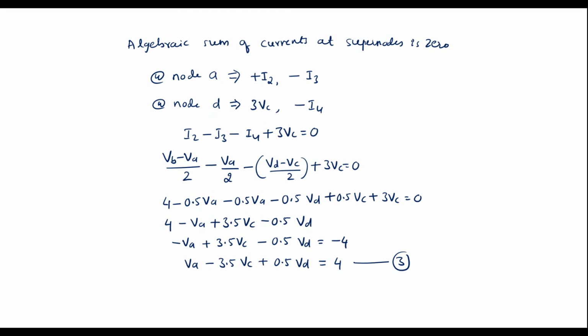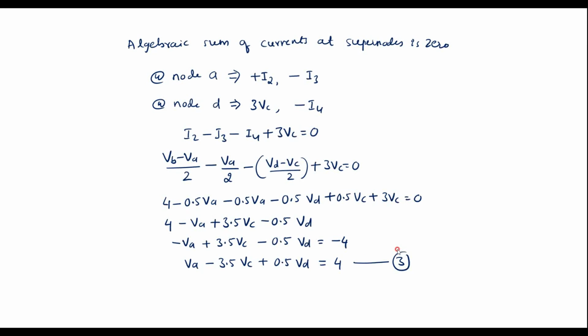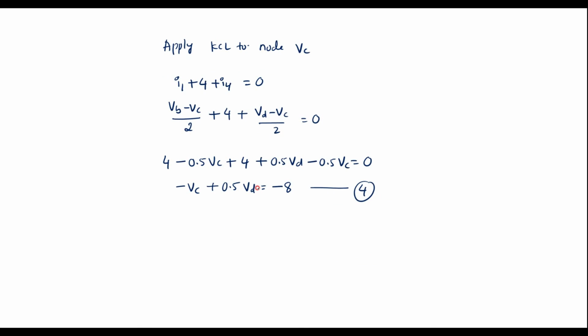Now we are supposed to solve equation 2, equation 3 and equation 4 to find Vc, Va and Vd. Equations 2, 3 and 4 can be solved directly using a calculator. Keeping the calculator in equation mode, choose the number of unknowns as 3.